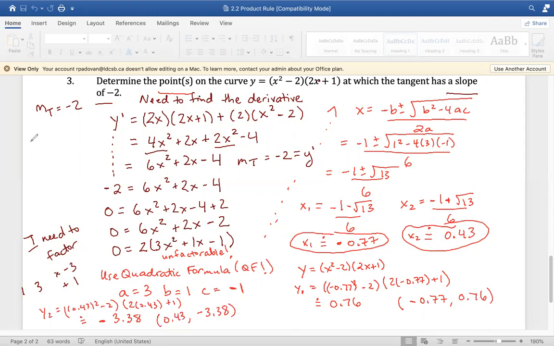So this is not where you should put it, but therefore the points are, this means like roughly estimating, cutting off the decimal, 0.43 and negative 3.38 is 1 point, and negative 0.77 and 0.76.